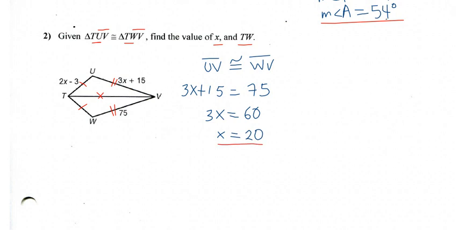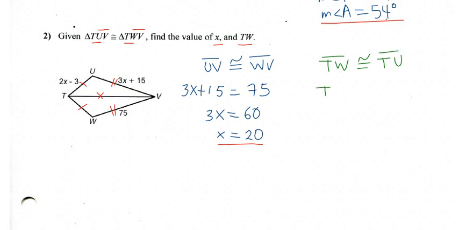And then we want to find the length of segment TW. And TW is this one here. We don't have the measurement or the representation of the measurement, but we know it's equal to TU, so we can use the measurement of TU. So TW is congruent to TU.